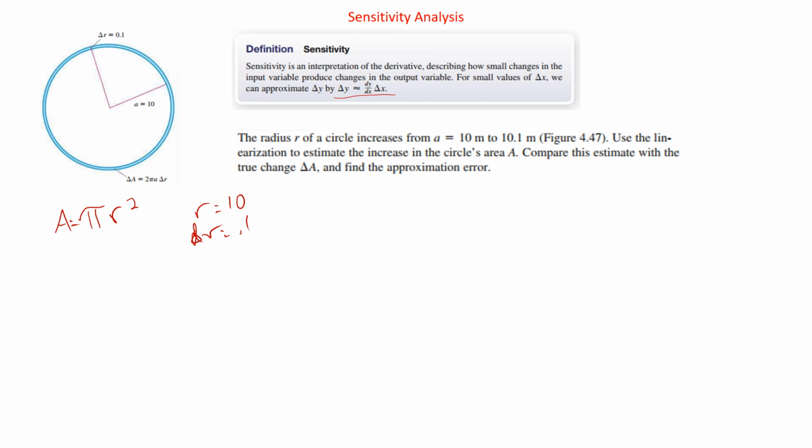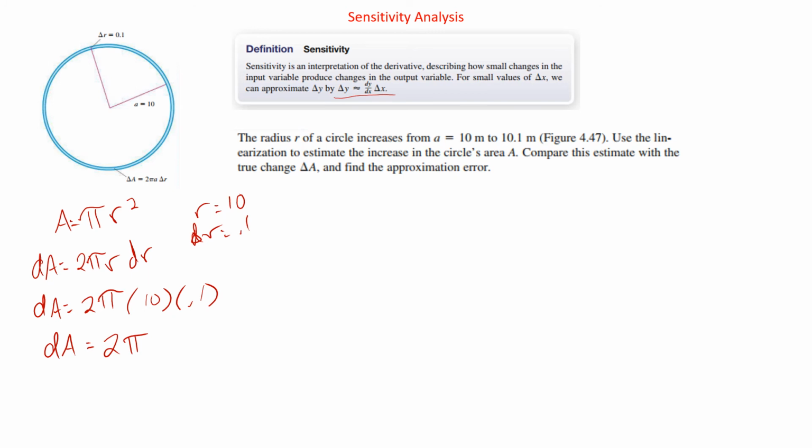So the dA will be 2 pi r times dr. The change in area will be 2 times pi times the radius, which is 10, times 0.1. 10 times 0.1 is just 1. So the change of area, that differential, is 2 pi. All right, so that's finding the differential.